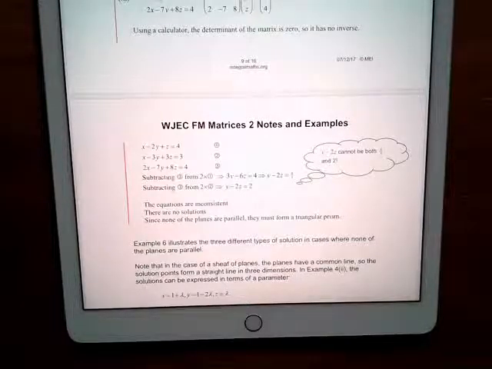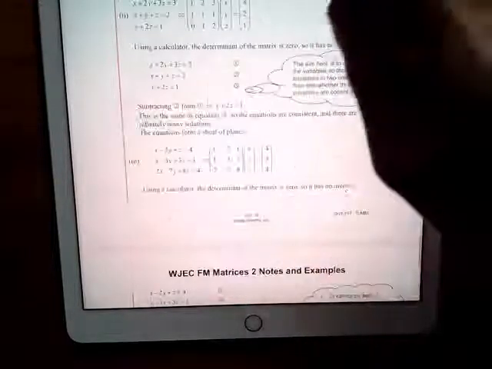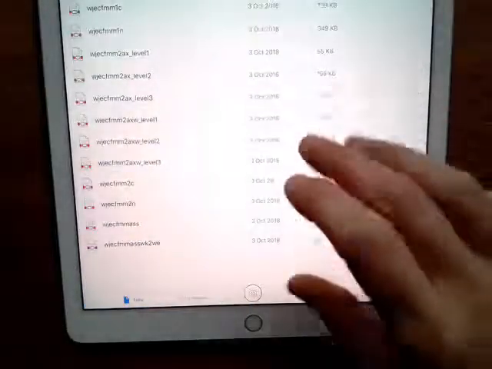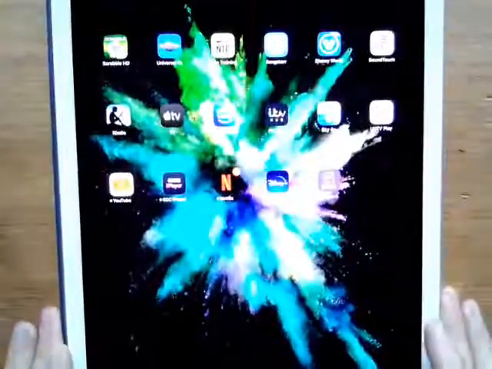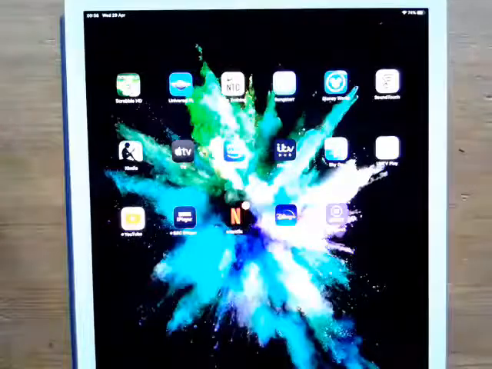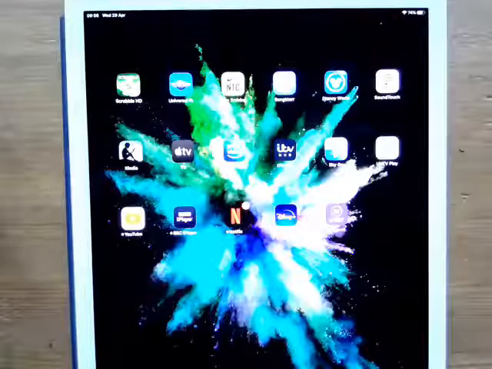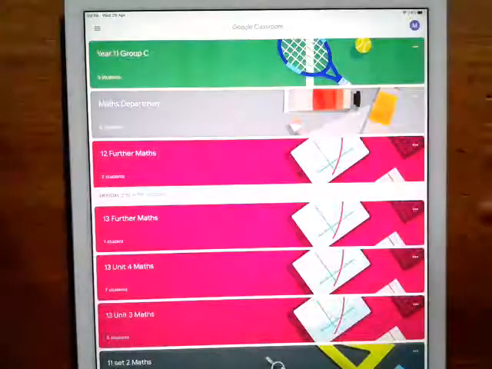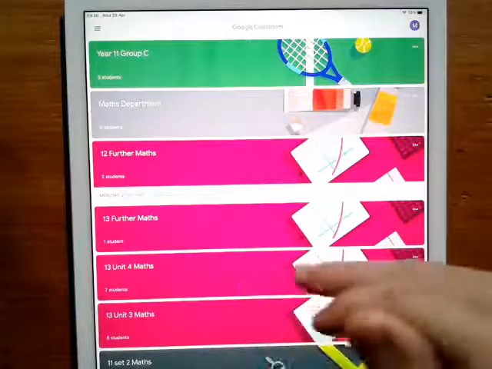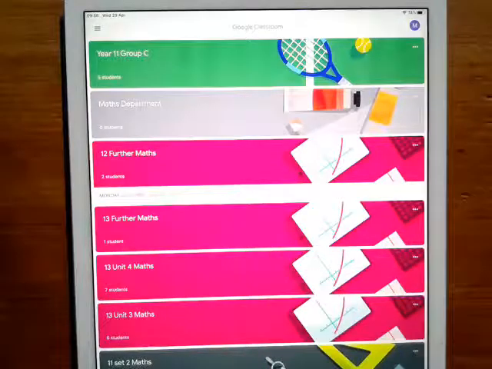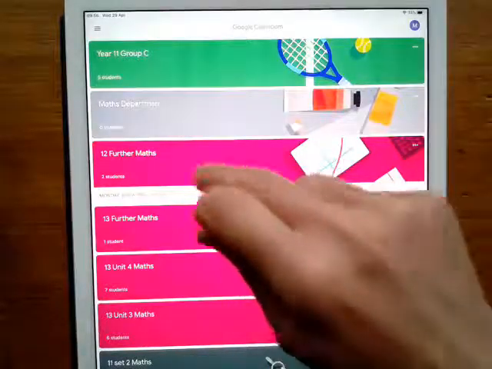Now, the other thing that I want to show you, I don't know if I can show you on here. I'm not sure this is quite how technology is supposed to work. If I go to the classroom, I haven't actually set the assignment at the time of writing this, but you will have by the time you're reading it, because you're looking at it now, if that makes any sense.